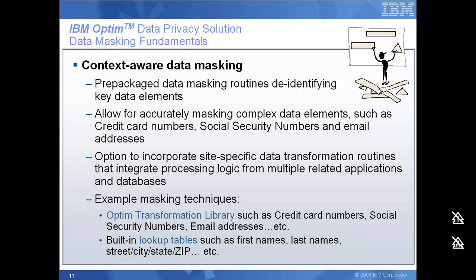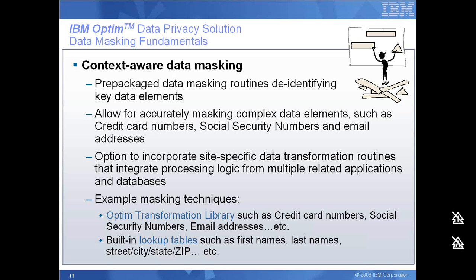Okay. Context-aware data masking. Optim Data Privacy Solution has got support for context-aware data masking, wherein we have data privacy solution for a variety of prepackaged applications like ERP solutions like SAP, PeopleSoft, JD Edwards, and all these are prepackaged custom applications.